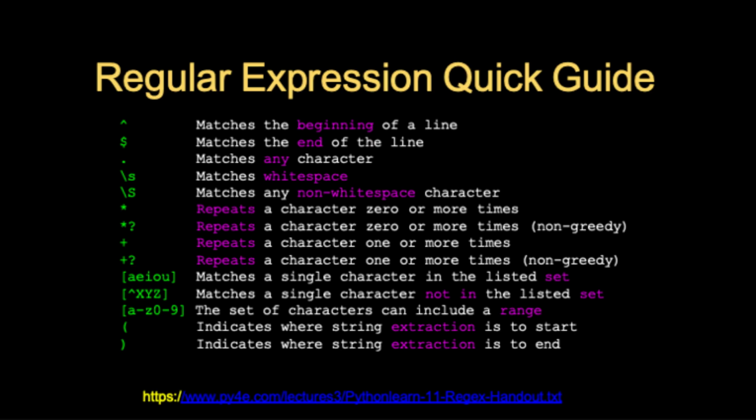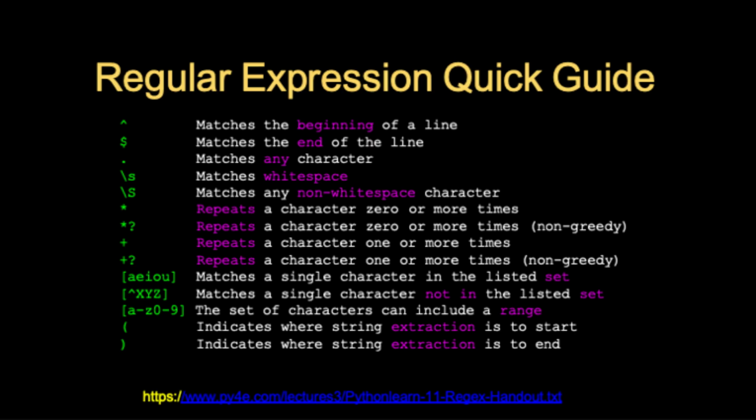Let us introduce the core vocabulary of regular expressions. These are the special characters that carry meaning. The caret symbol ^ matches the beginning of a line. The dollar sign $ matches the end of a line. The dot . matches any single character. The sequence \s matches any whitespace character like a space or tab, while \S matches any non-whitespace character.